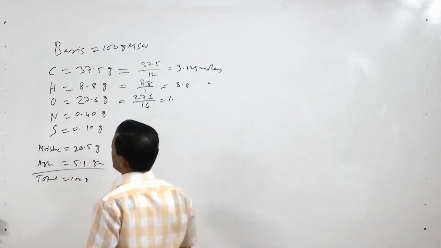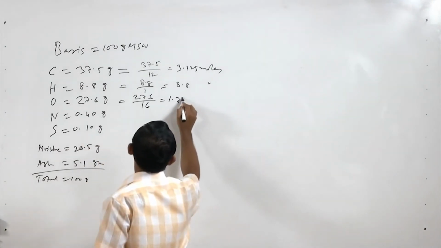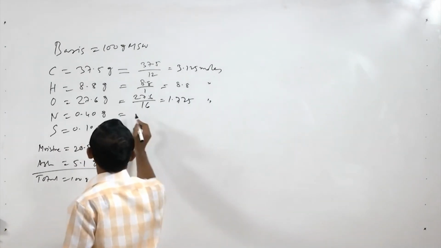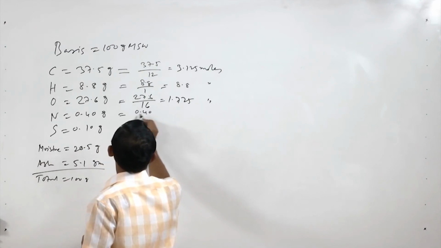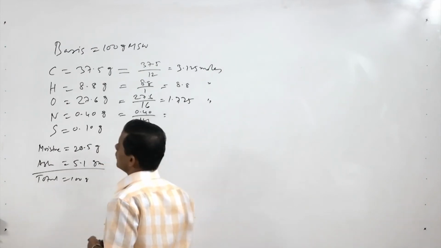So, it is giving 1.725 moles, then nitrogen will be 0.40 divided by 14.